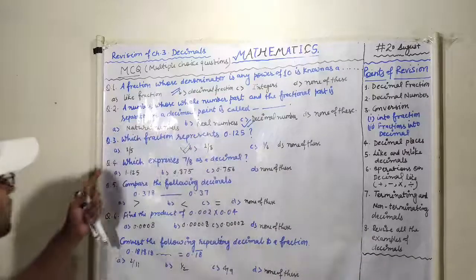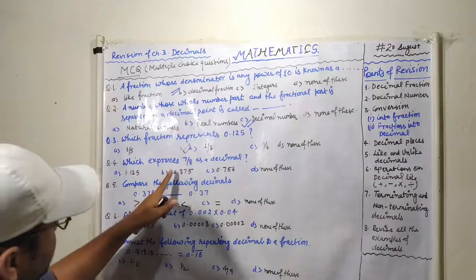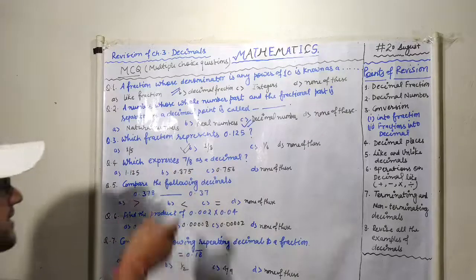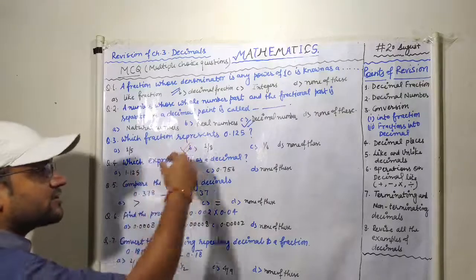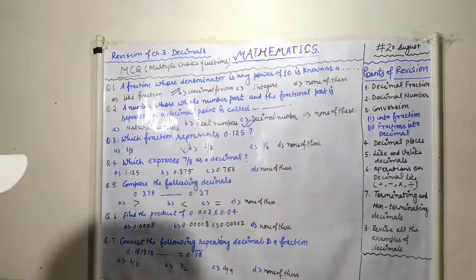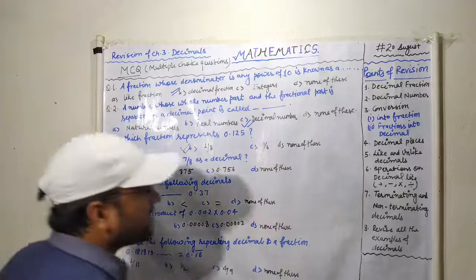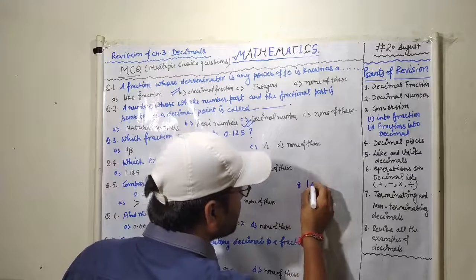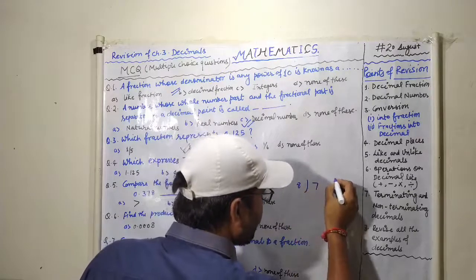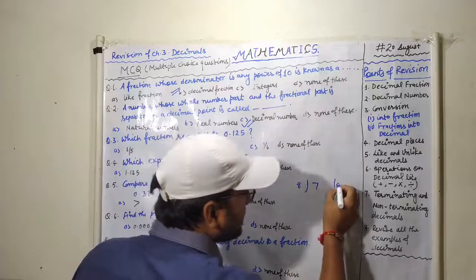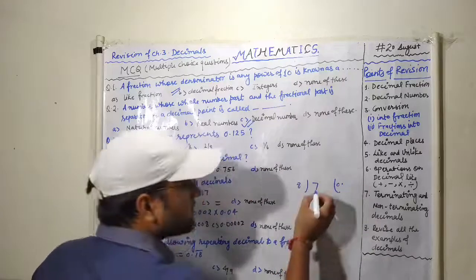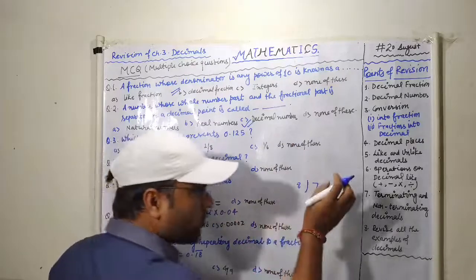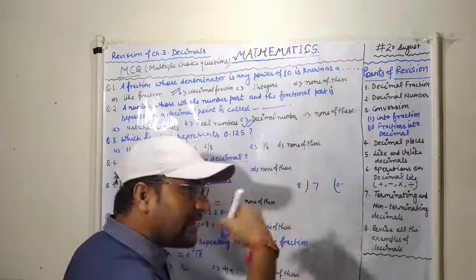Now question number 4: which expresses 7/8 as a decimal? To convert this fraction into a decimal, there are two ways. First, you simply divide the numerator by the denominator. See this: 7 is not going to divide, so take a point. If you have taken a point in your quotient, then you add a 0 in each step.